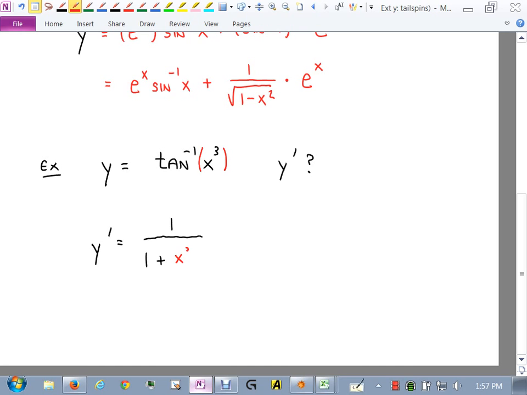X cubed, but then all of that squared, right? Am I done? No. Times the derivative of what's inside, 3x squared. So what you would have at the end of it is 3x squared over 1 plus x to the 6th.